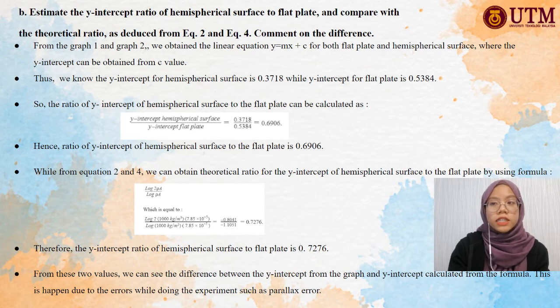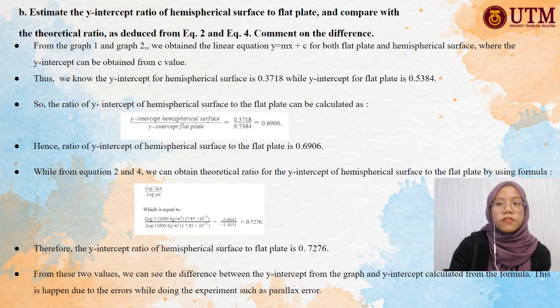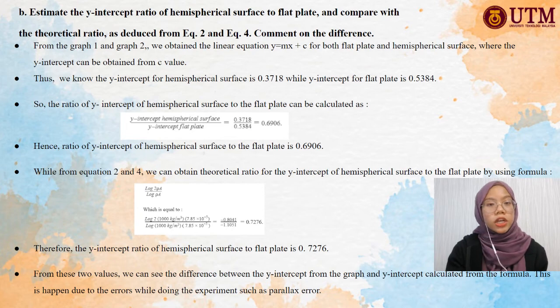For the hemispherical surface, the value of slope for F measured versus velocity is 0.5405, while for F theory it is 0.4994. The difference of this slope between F measured and F theoretical is not too big, so it is acceptable. The difference between the measured value and theory value happened maybe due to error during the experiment.